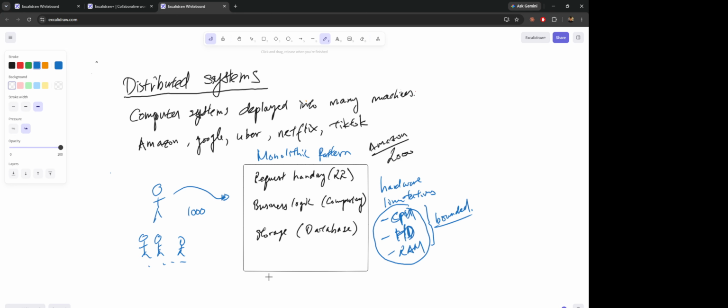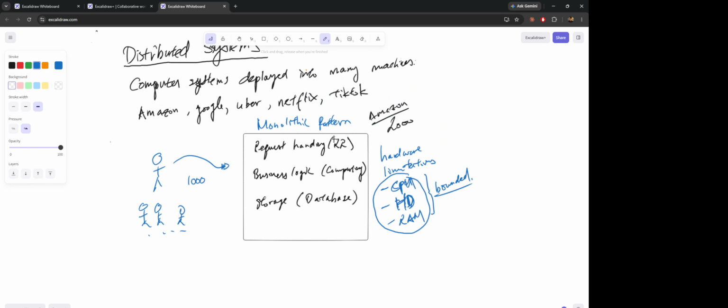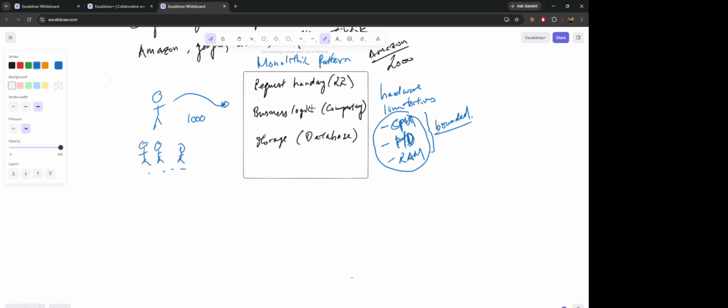And our solution is then to turn this monolithic pattern into a distributed pattern. So, in essence, distributed pattern is just the separation of responsibility. So, distributed systems separate responsibility to make the system scalable. And what does it mean, scalable?